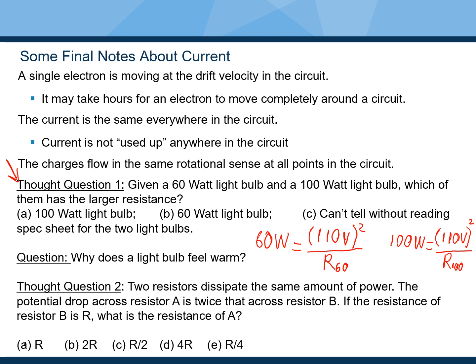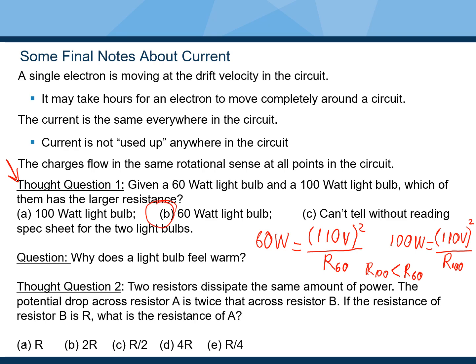So the resistance of the 100-watt light bulb should be smaller than the resistance of the 60-watt light bulb. That's the idea behind this question, and that allows you to obtain the answer. Namely, it's the 60-watt light bulb that has the larger resistance.